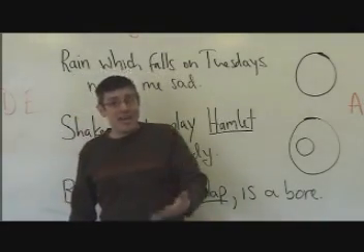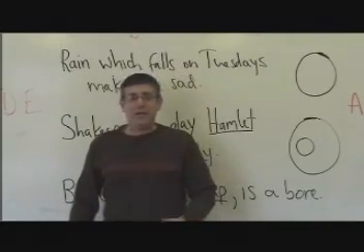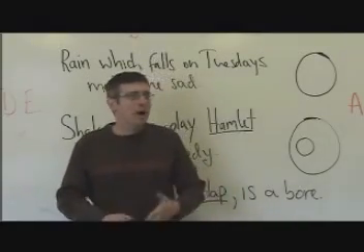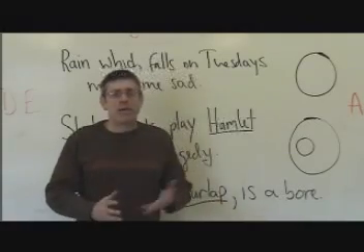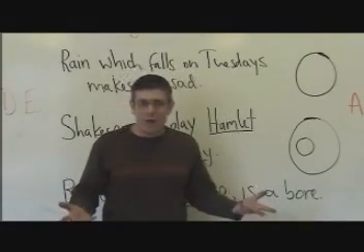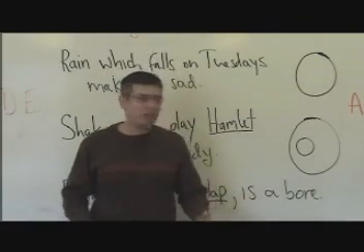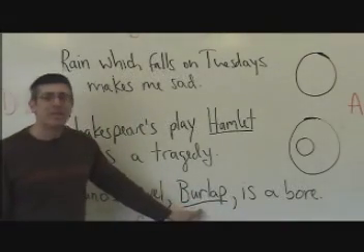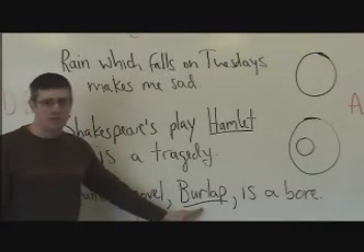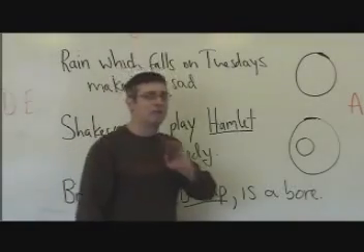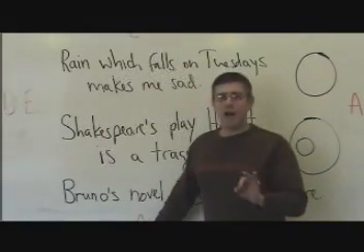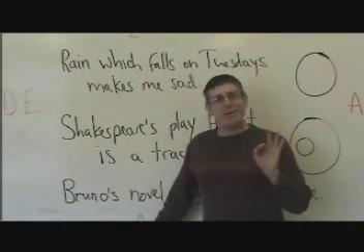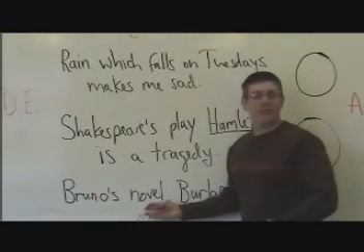You can't say Bruno's novel Burlap as opposed to Bruno's novel Huckaback is a bore, because Bruno never wrote another novel called Huckaback or anything else. So Burlap is a non-restrictive element, because as soon as you've said Bruno's novel, you've said everything there is to say for identifying that thing.